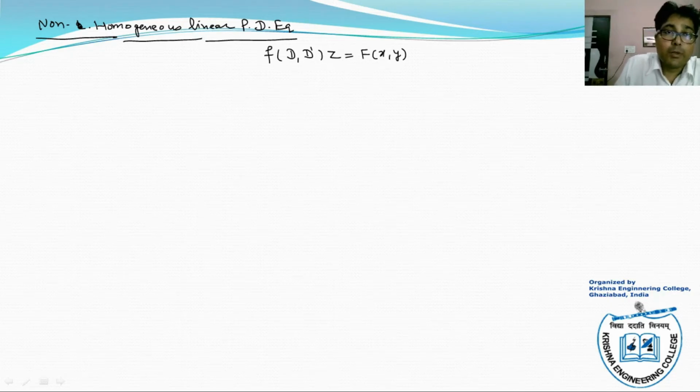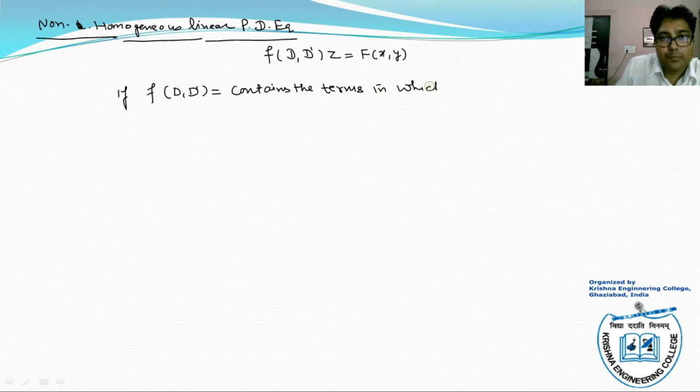The differential equation is said to be non-homogeneous if f(D, D') contains terms which are not all of equal degree.